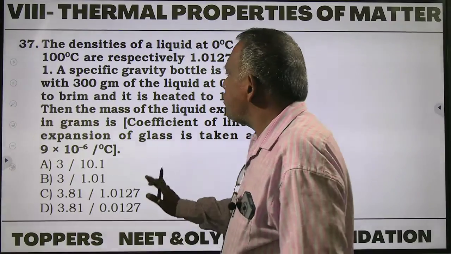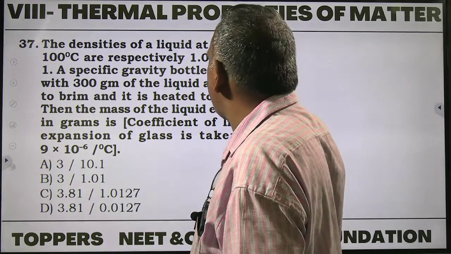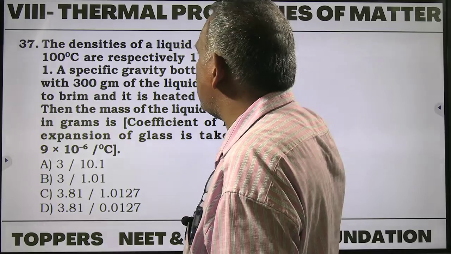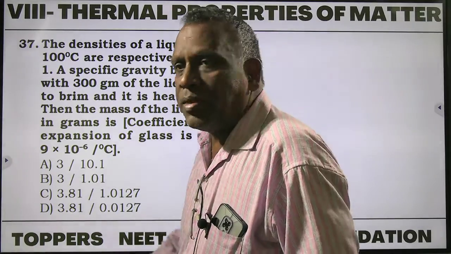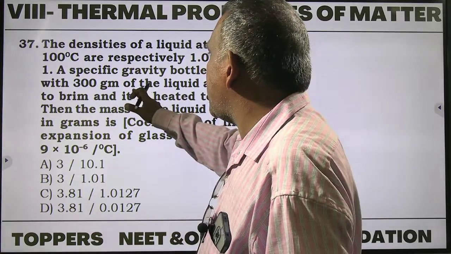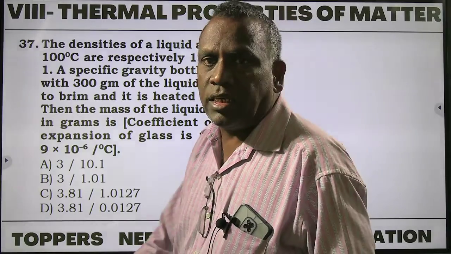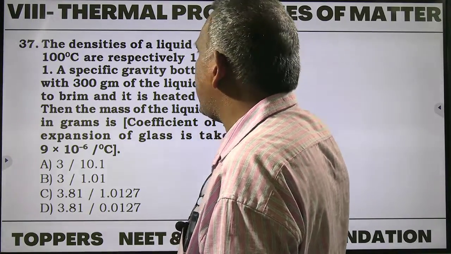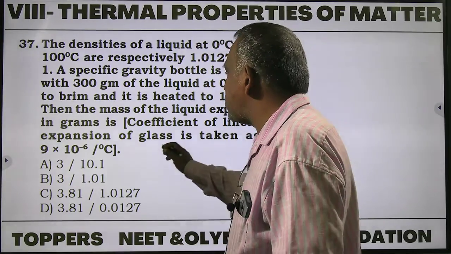So next one: the densities of the liquid at 0 degrees centigrade and 100 degrees centigrade are respectively 1.0127 and 1. A specific gravity bottle is filled with 300 grams of the liquid at 0 degrees centigrade up to the brim. It is heated to 100 degrees; then find the mass of the liquid expelled.